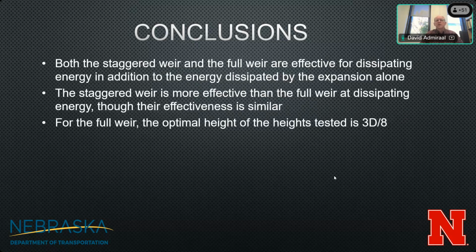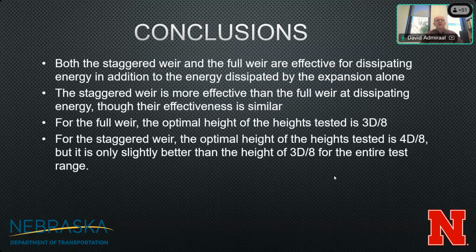And then for the full weir, the optimal height of the heights tested was about 3d/8. For the staggered weir, it was about 4d/8, but it's actually only slightly better than the height of 3d/8 for the entire test range. And what we get is that for the highest velocities, the highest heights work best, but for the lower velocities, the lower heights work better.